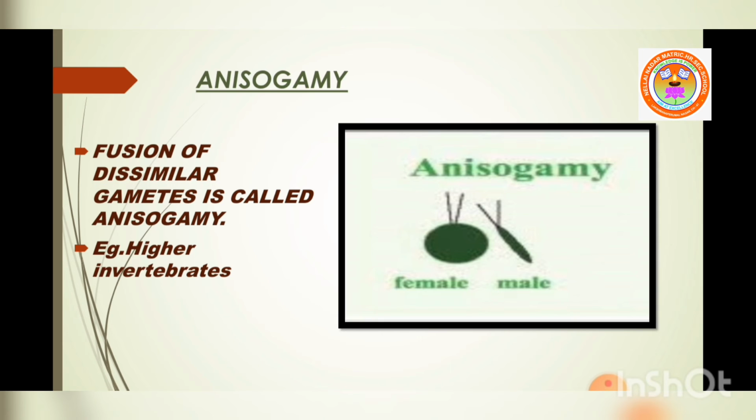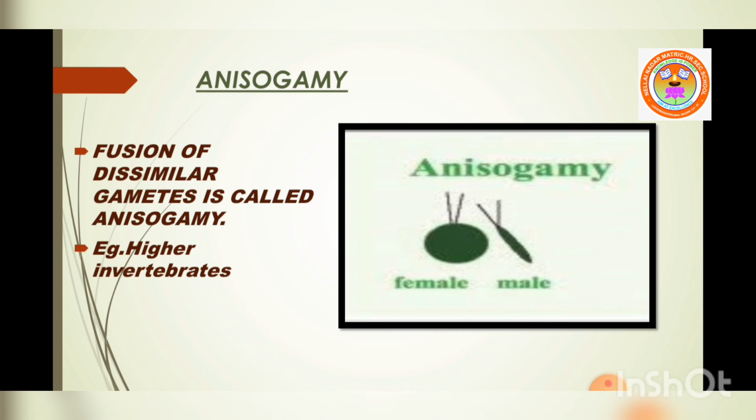So next type of syngamy is anisogamy. Here the fusion of dissimilar gametes takes place. So this is called anisogamy. In Greek, an means without, iso means equal, and gam means marriage.